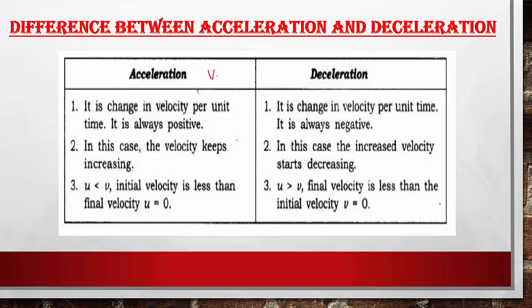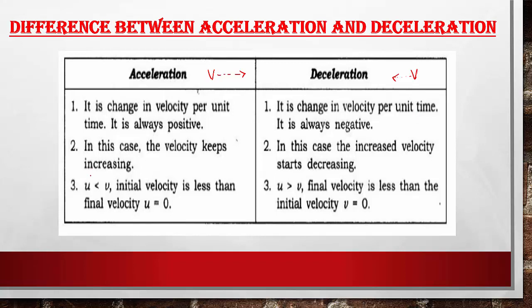Because here velocity is always increasing, so its value is always positive. Then what is deceleration? It is also change in velocity per unit time, but here it is always negative. Why always negative? Because its velocity keeps decreasing, so its value is negative.